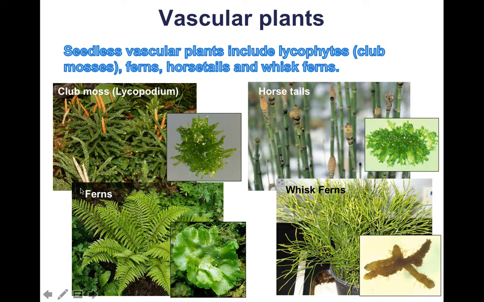So this is the sporophyte, the diploid form, and then in the smaller box, I've shown you what the gametophyte looks like. So in all these seedless vascular plants, the sporophyte is going to be dominant. Also includes ferns, the other plant you're probably familiar with. So ferns are seedless vascular plants, sporophyte dominant. Two that you may have never seen before are horsetails here and whisk ferns.